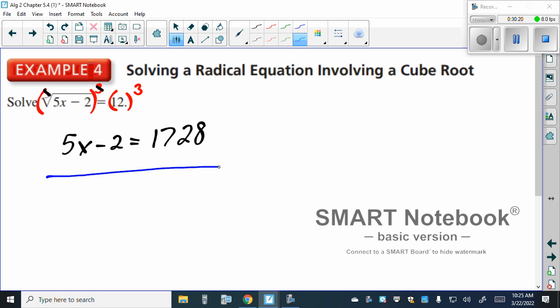Solve. We would add 2 to both sides. Tells us that 5x is equal to 1,730.